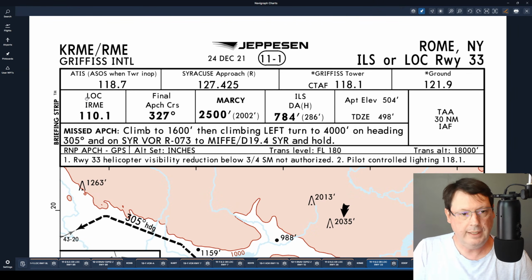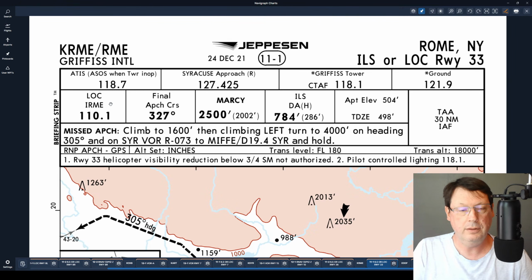Now, why does it say localizer when it's an ILS approach? It says localizer because if you tune in that frequency, the 110.1, and you have an ILS receiver in your aircraft that gives you glide slope and localizer, it's going to automatically tune the glide slope for you, and then you'll have the localizer and the glide slope.